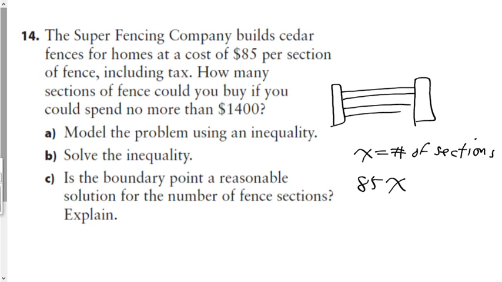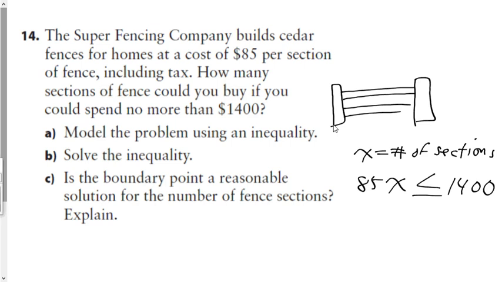Yes, it can, but it can't be more than that. So this amount can be less than or equal to $1,400. So the inequality we would be using is that the cost, $85 multiplied by the number of sections, can be equal to or less than $1,400, but it can't be more than that.